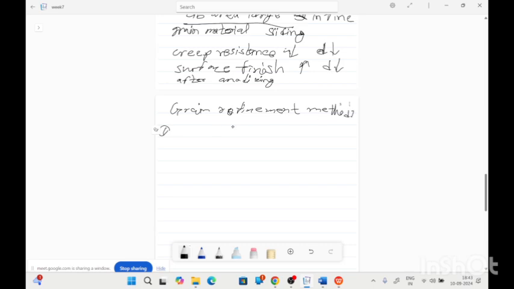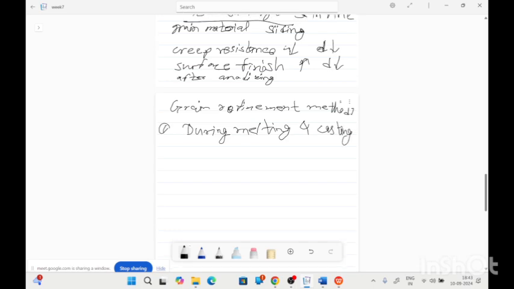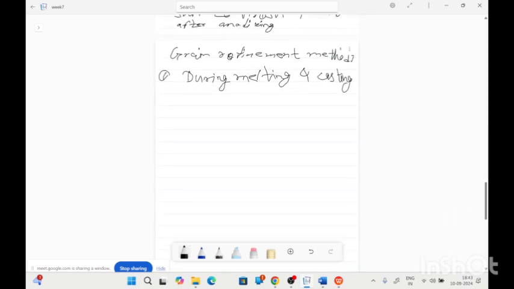The first method of grain refinement is during melting and casting. During melting and casting, the solidification behavior of the material is modified in a manner that leads to a decrease in grain size.